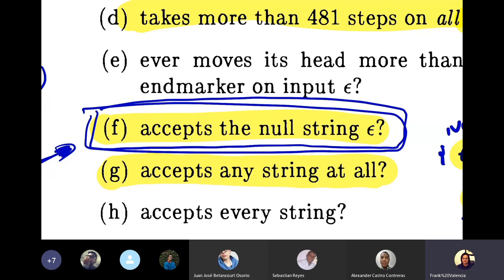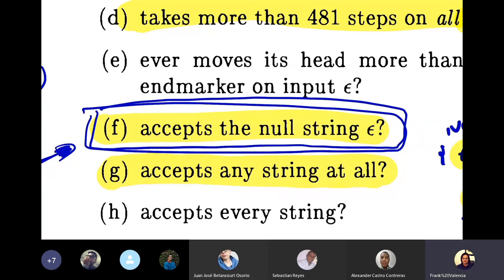So if you are asking something about a machine where there could be many machines that satisfy the same property, we're going to see that later. But that question will be undecidable. Okay, now that's called Rice's theorem, but we'll look at that later.